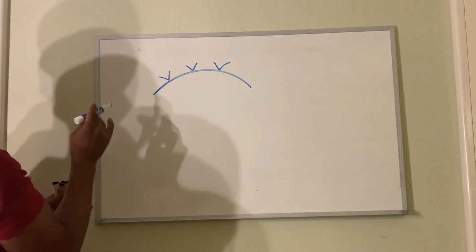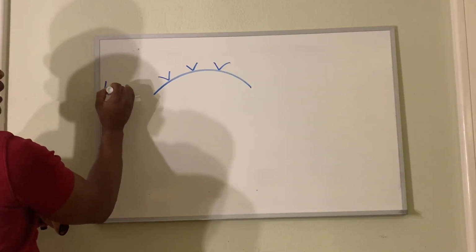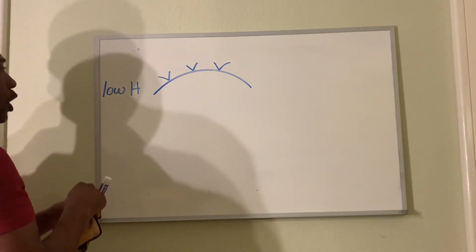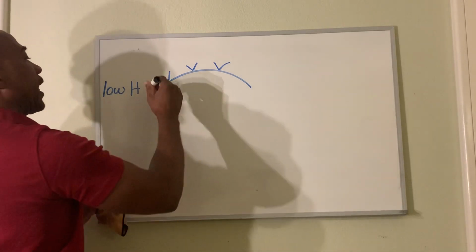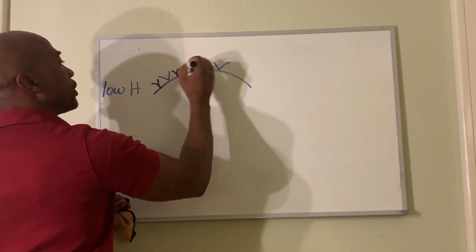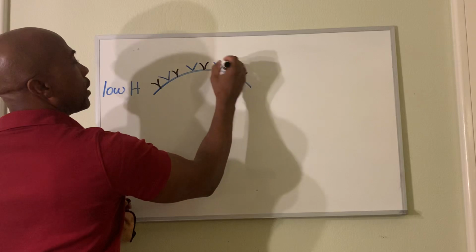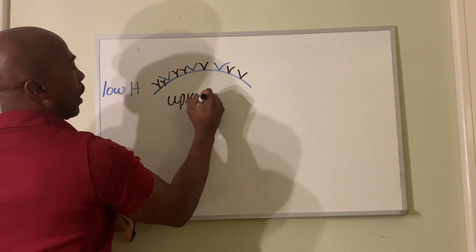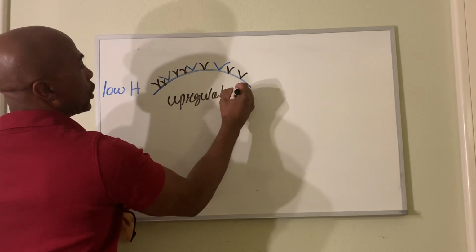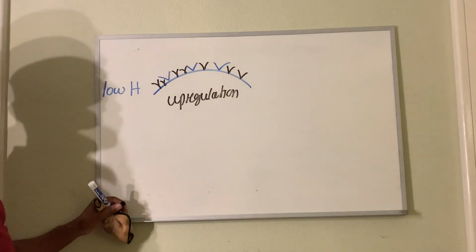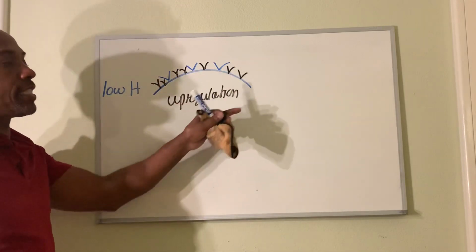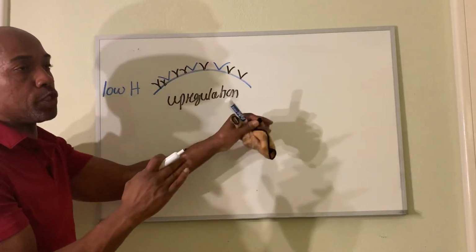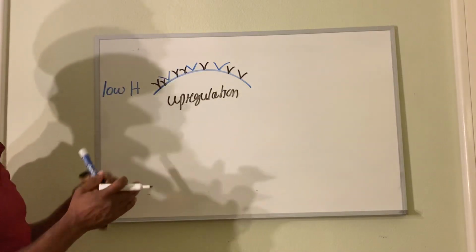If something happens where you have low levels of hormone, this cell may respond by increasing the number of receptors, make more receptors. Okay. That's called upregulation. When cells make more receptors to express on the cell surface, that it can respond to all of the available hormones in the blood or in the vicinity.